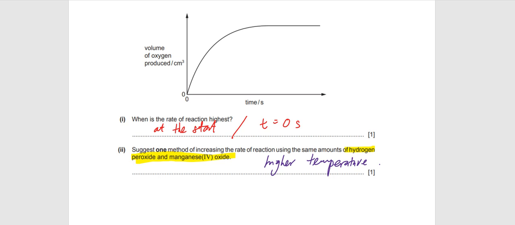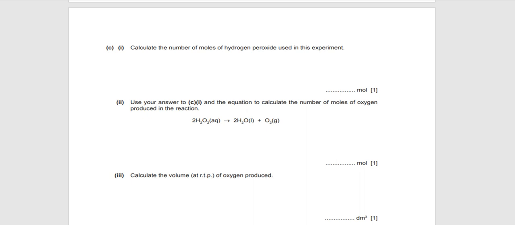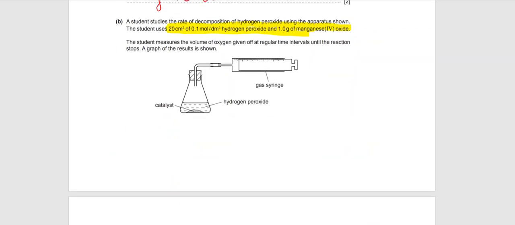All right, next question. Calculate the number of moles of hydrogen peroxide used. Okay, so they already give you here 20, 0.1.